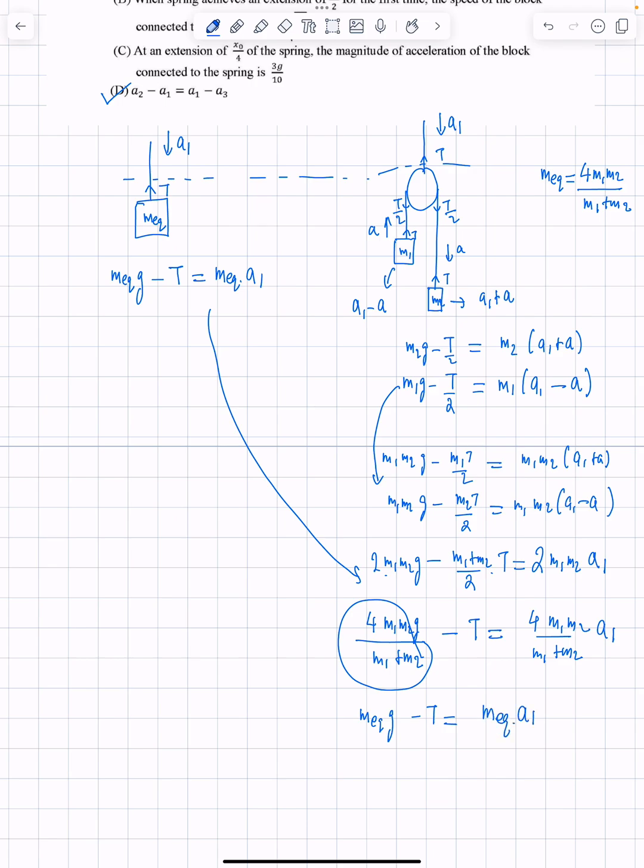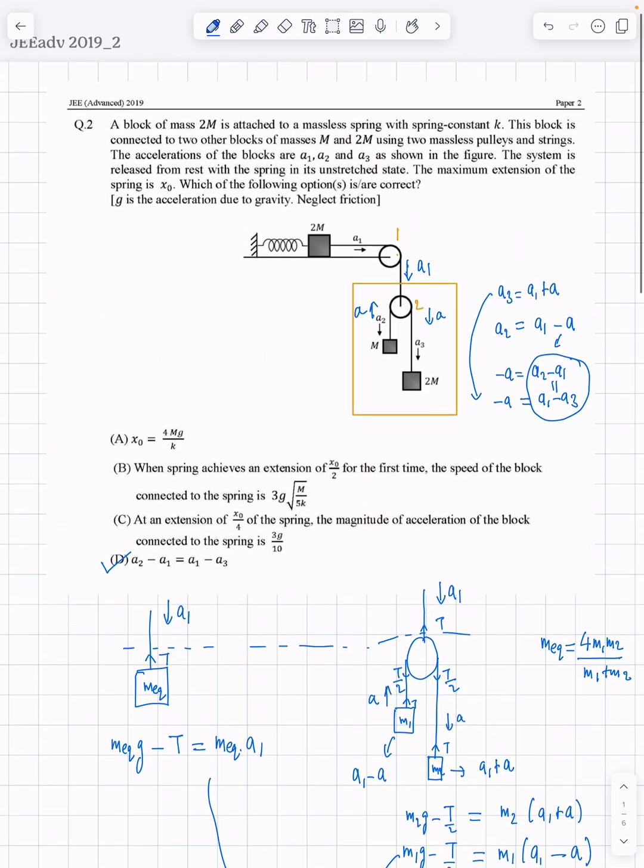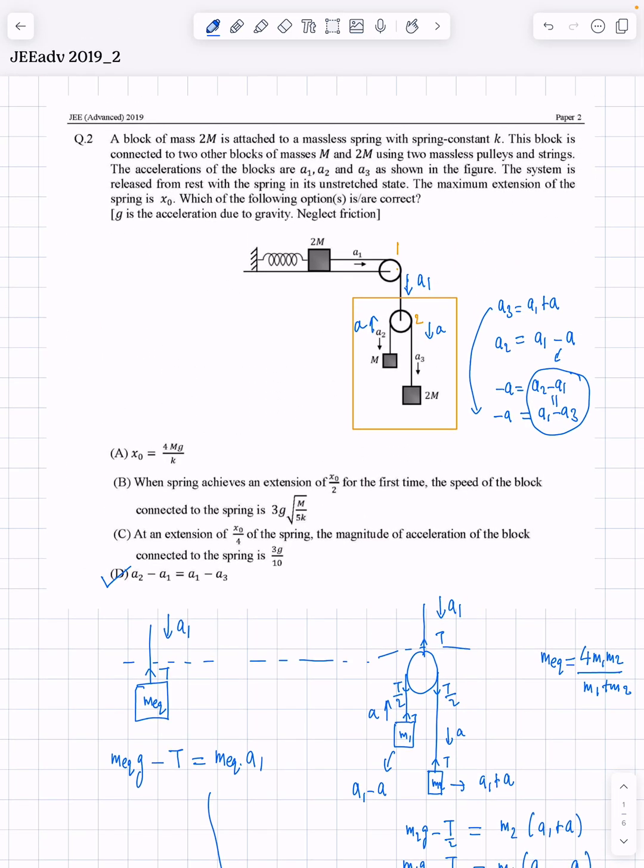So here we have proven that this entire system of a pulley and two masses can be replaced with an equivalent mass of 4m1m2 over (m1 plus m2), and in this question the masses are m and 2m, so 4 times m times 2m over (m plus 2m), so 8m over 3. Now this problem becomes much simpler.